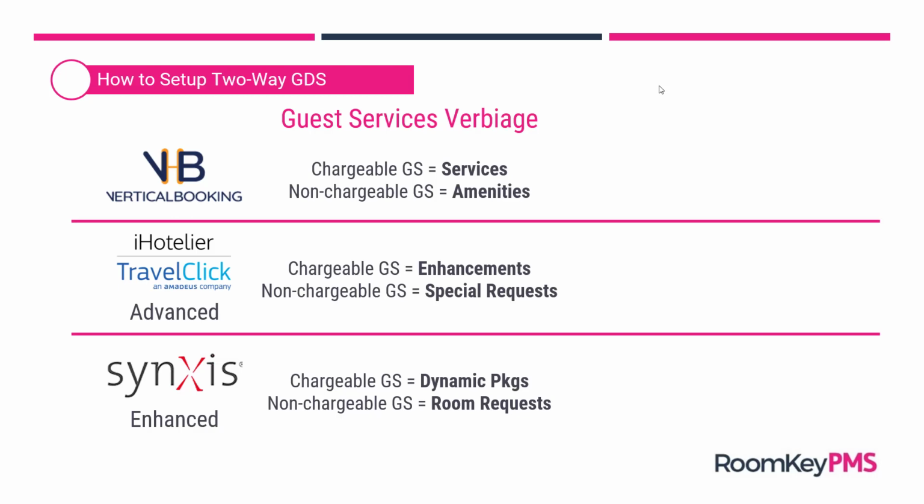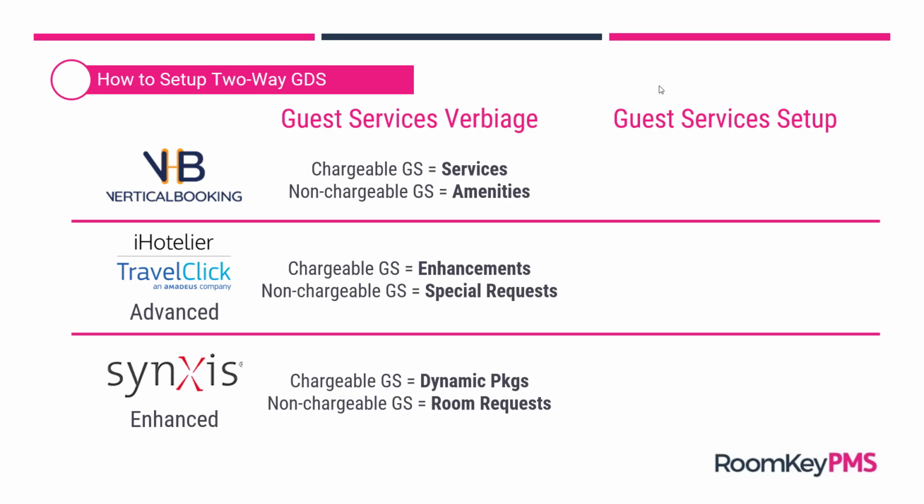So regardless of what type of guest services you're offering, you want to make sure that you're building those correctly on your connectivity partner on your GDS portal. So for the setup for guest services, we don't actually have any setup in RoomKey that would link these to the corresponding item on the GDS platform.